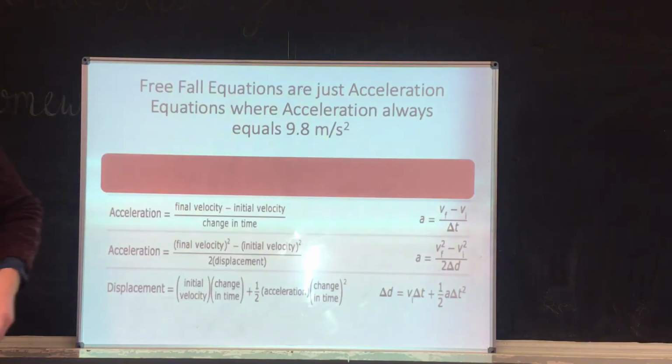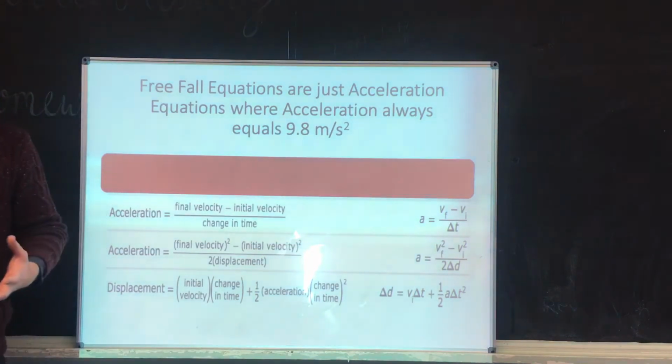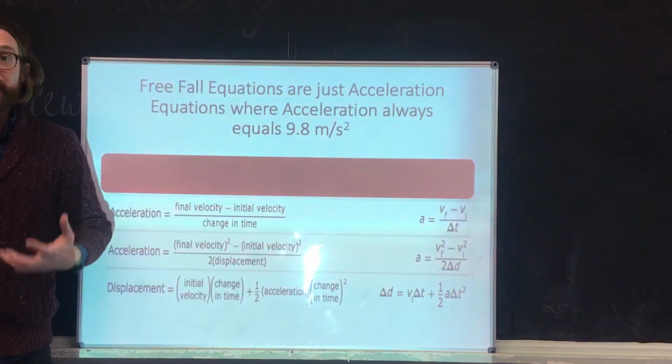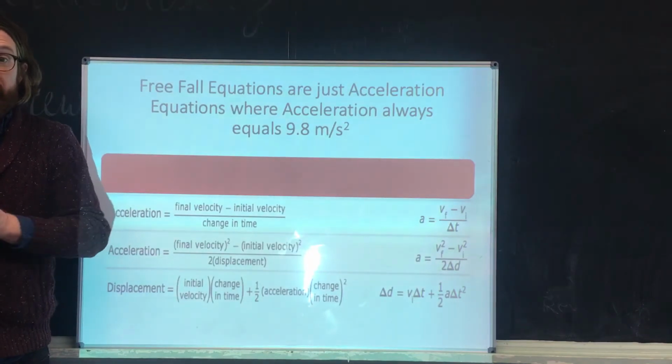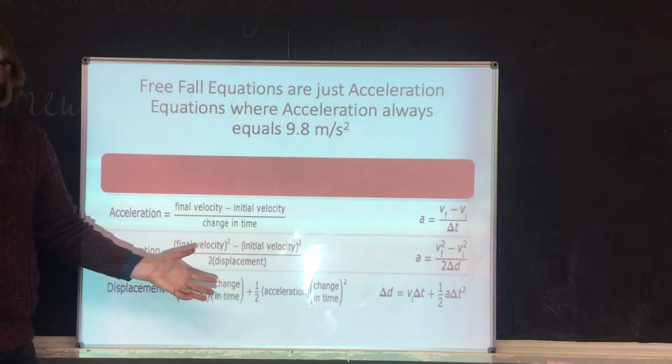So today we're going to be looking at equations. Today's a math day. So a big question is, what equations do we use for free fall? And the easy answer is we just keep using our acceleration equations.